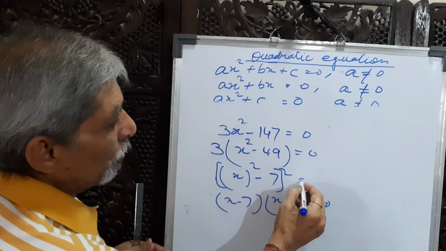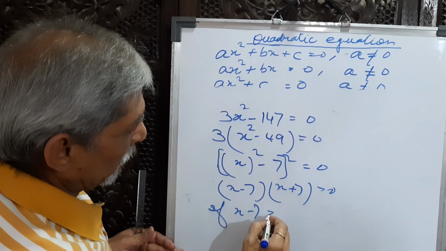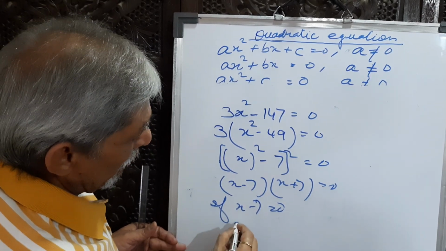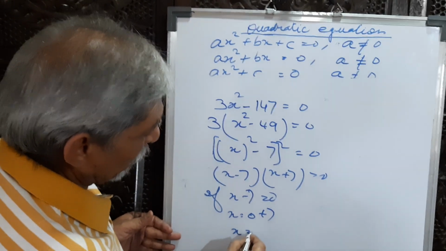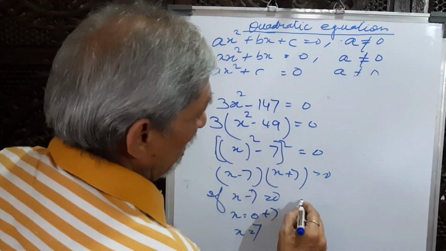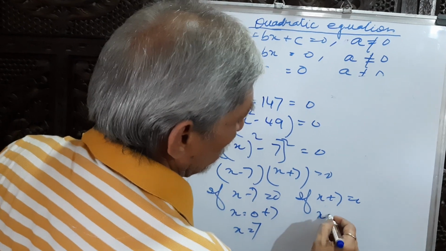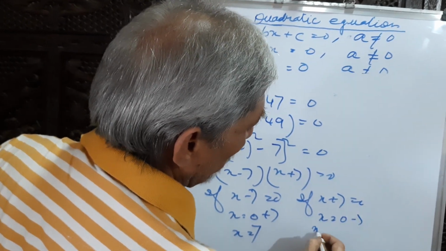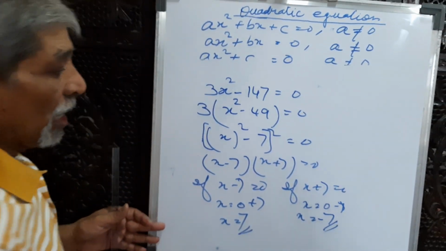Now put the values at 0. If x minus 7 is equal to 0, then x is equal to 0 plus 7, x is equal to 7. If x plus 7 is equal to 0, x is equal to 0 minus 7, x is equal to minus 7. That means the solution set is either 7 or minus 7.